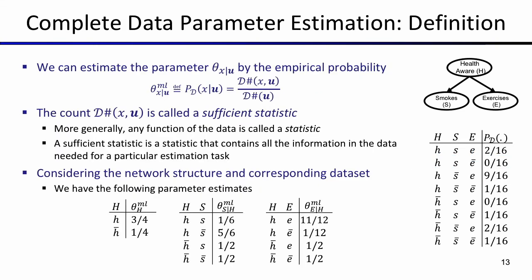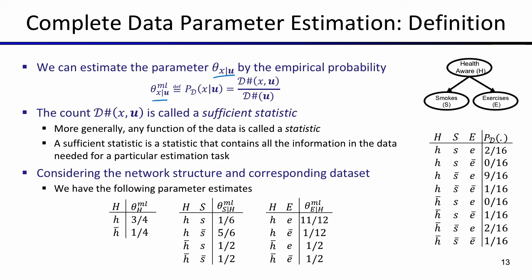So we can put together these two things, the empirical probability and the Bayes conditioning, in a single expression. So we can estimate a parameter that is theta x given u by using this notation here. So this is going to be the definition. We're going to use this ML here on the top, and I'm going to explain that later, but this is the maximum likelihood.